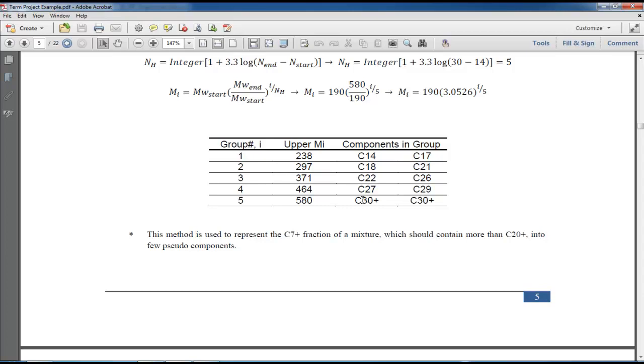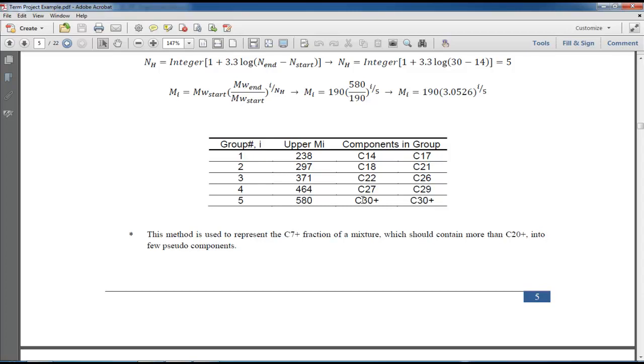If it's exponential like this, I can group, for example, from here to here and from here to here into two fractions. Maybe if we have something like this, I say from here to here I have one component, I will lump those together and the rest together. So it depends on the shape when you plot molecular weight against mole fraction, and how you interpret this shape will determine how you lump the components together.